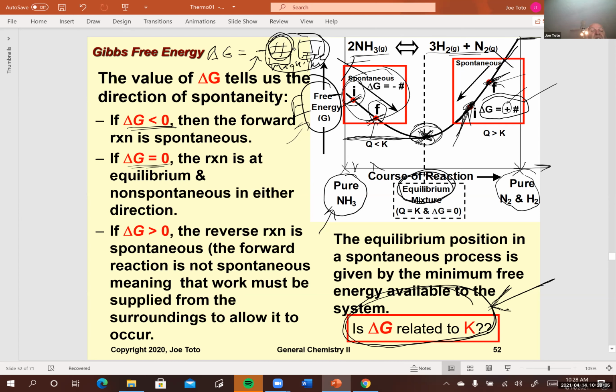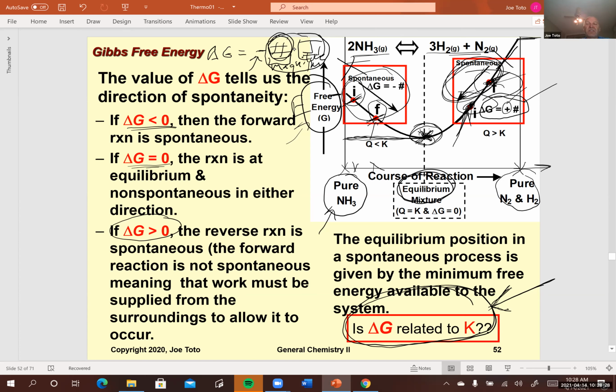That's the one that we associate with equilibrium, that point. And when delta G is positive, that means that process in that direction is no longer spontaneous, but the reverse is spontaneous. It's going to go backwards.